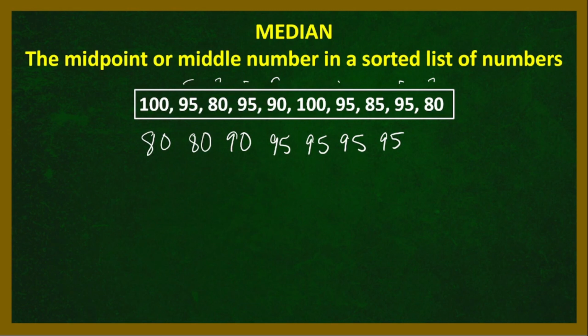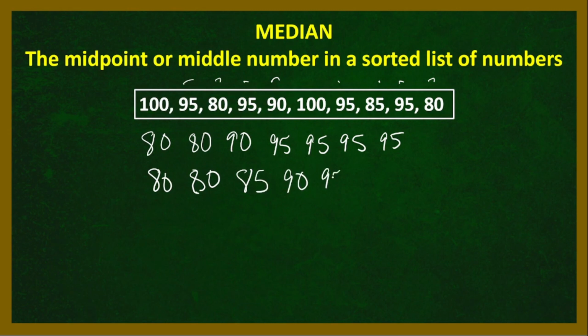And as you can see, I have made an error already. I forgot 85. So what I'm going to do is come down here and rewrite it. Let's add that 85. We have 85, go back to the 90.